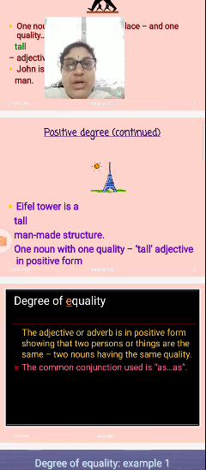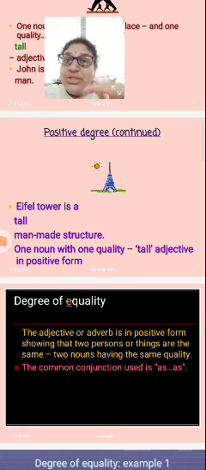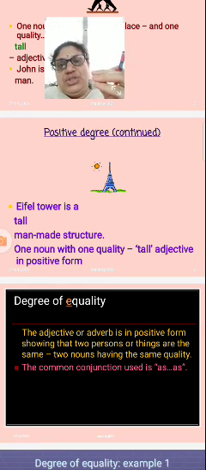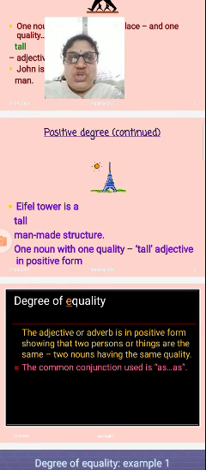What is the quality the Eiffel Tower has? Tall. The Eiffel Tower is a tall, man-made structure: one noun with one quality, and tall is in the positive degree.